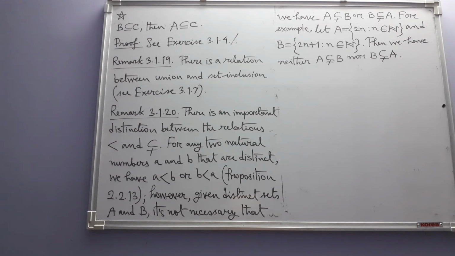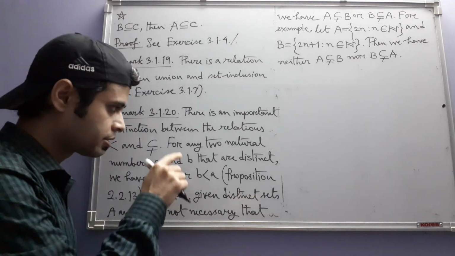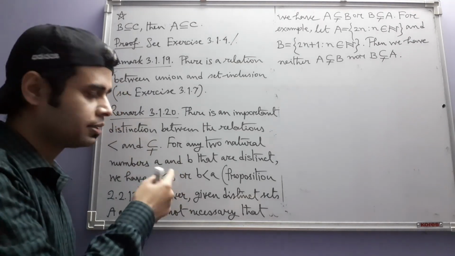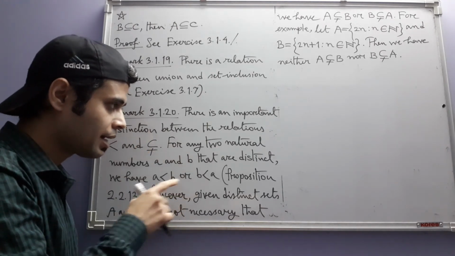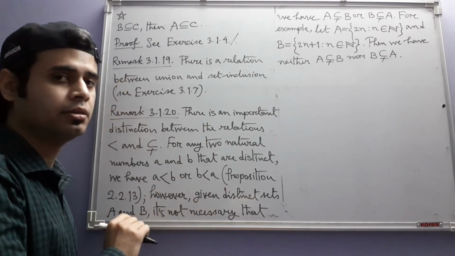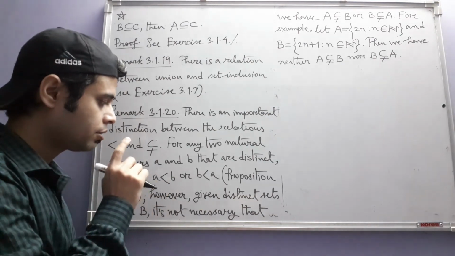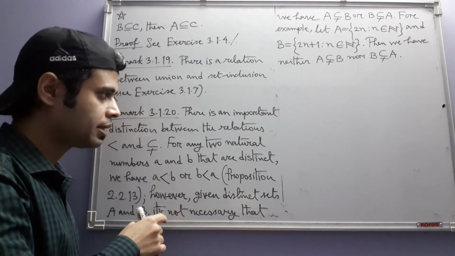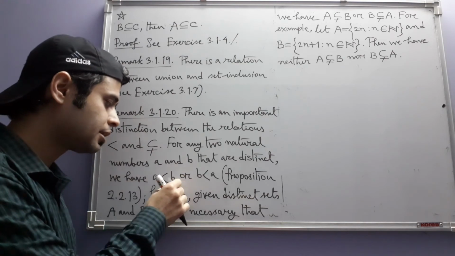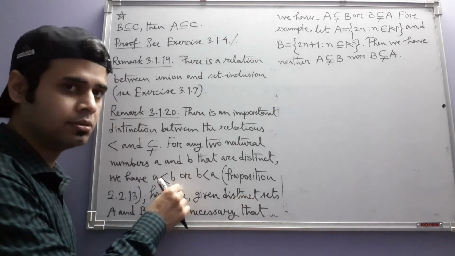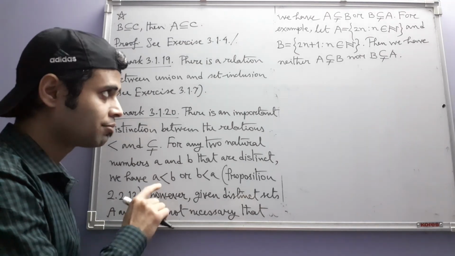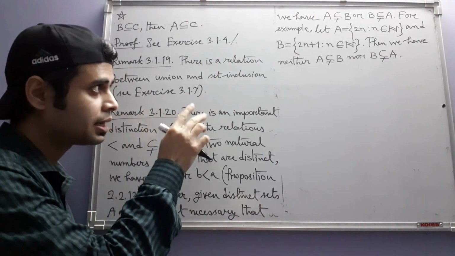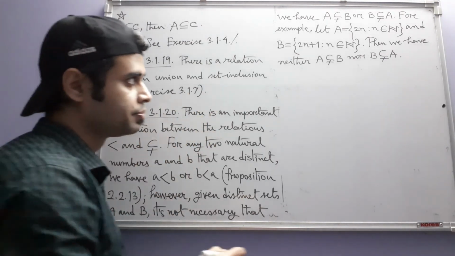So that is why we say that set inclusion or proper inclusion orders the class of sets partially, not totally. If any two numbers are given, they are comparable using this relation. However, if any two sets are given, they are not necessarily comparable.